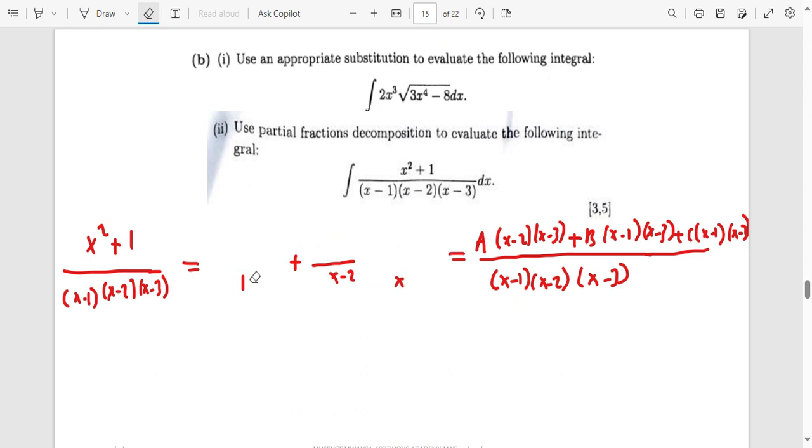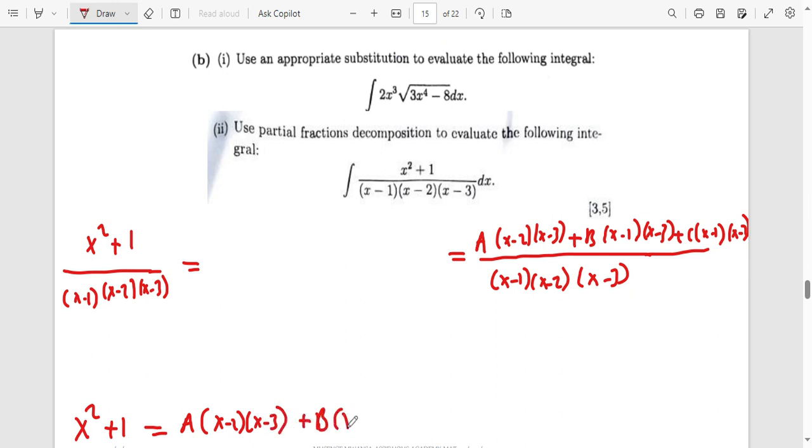At this point, as you can see, for these two sides of the fractions, the denominators are the same. Since the denominators are the same, just equate the numerators. So that will be x squared plus 1 is equal to A, x minus 2, x minus 3 plus B, x minus 1, x minus 3 plus C, x minus 1.